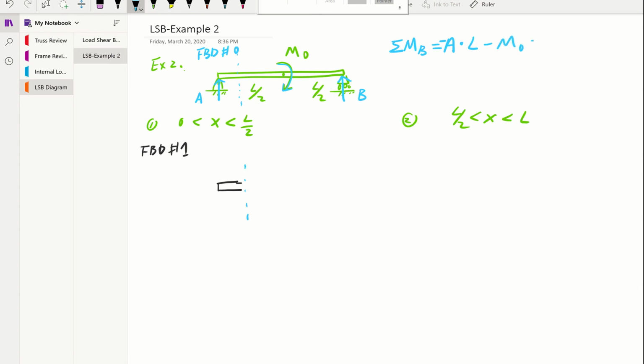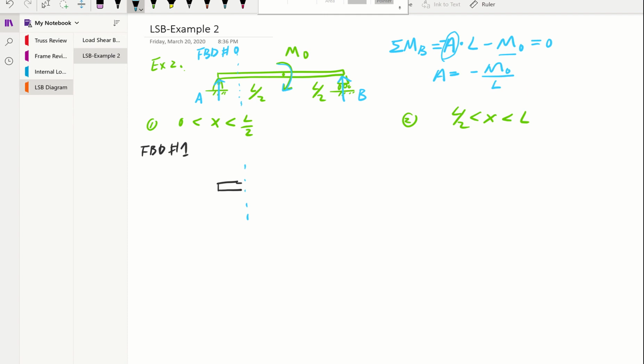Be mindful of what we are solving: we are solving for A, because M0 is given. So the force at A is equal to negative M0 over L.